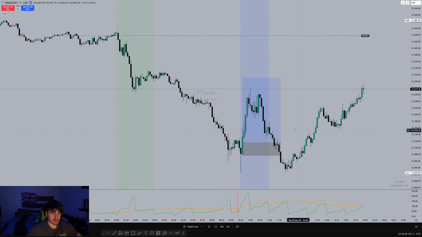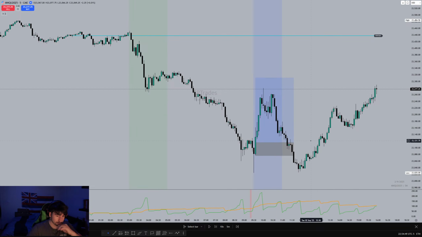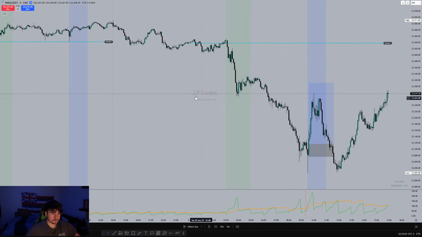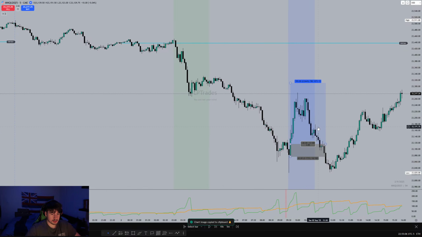Yeah, we get stopped. This would run in our favor, but then it would come back and stop us out. That would be tough. If we were aiming for 3R, we would get that, but no, it's okay. Let me log that as a trade, 2nd of September.